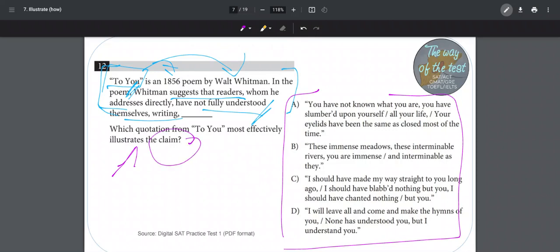The claim is that this poem does this and that, in this case, to suggest that the readers have not fully understood themselves. What you have to choose is which option does that or has that purpose.